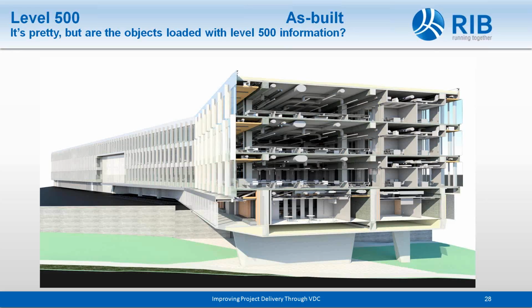Okay, here's level 500. We're looking at it and it's pretty, but do these objects contain the information we need to actually have an as-built document? You have to look within the objects to see what information is contained within them.